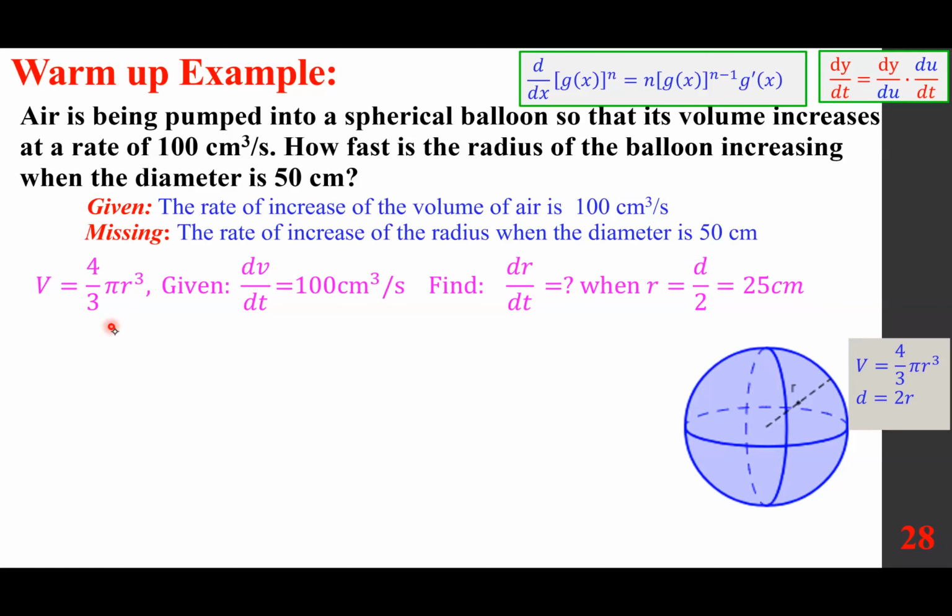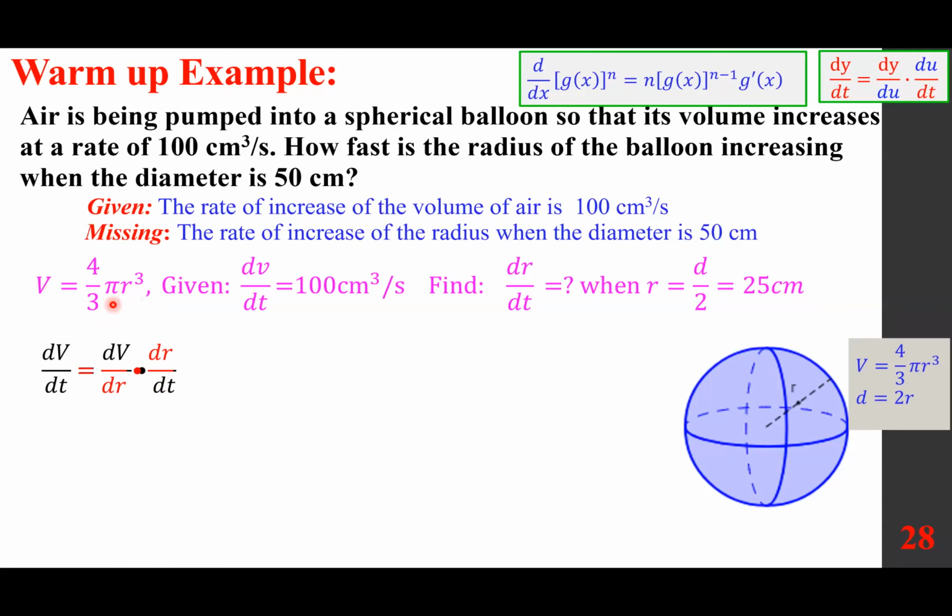So what do we want? We want dr/dt, and we have dV/dt. What is the intermediate variable? V is a function of r, the radius. So the intermediate variable is r. So you want dV/dr times dr/dt.